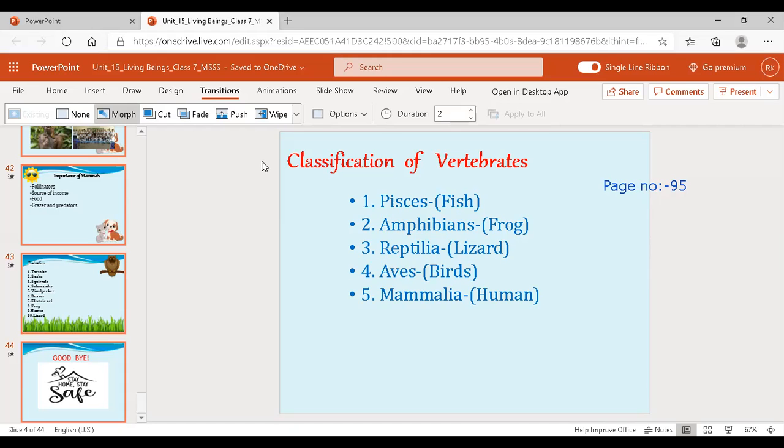These are the basic 5 classifications of vertebrates according to their habits and habitat. According to their habits and habitat, they are classified into 5 groups, 5 classes.